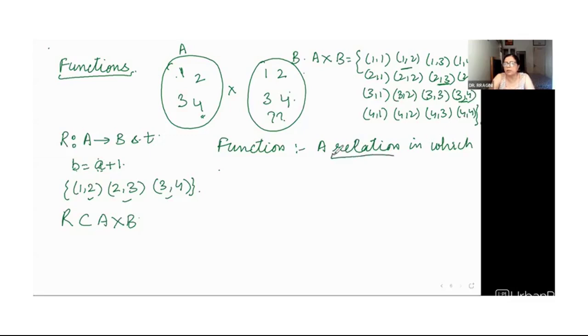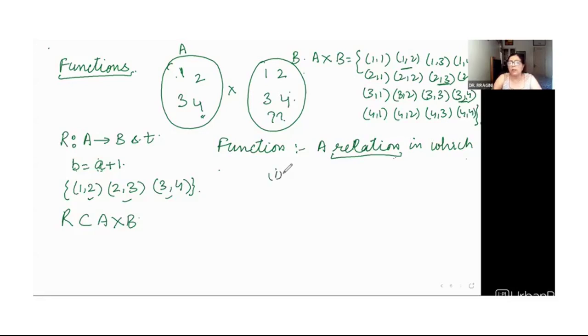We have already defined that a function first has to be a relation. Like if we talk about a rectangle, it has to be a parallelogram first. Rectangle is a special kind of parallelogram. Similarly, for a connection to be a function, it has to be a relation first, right?